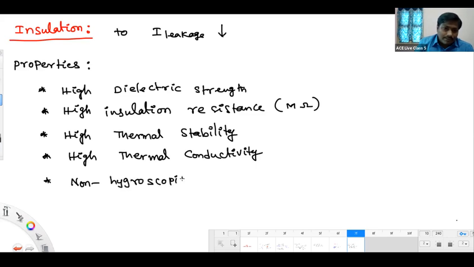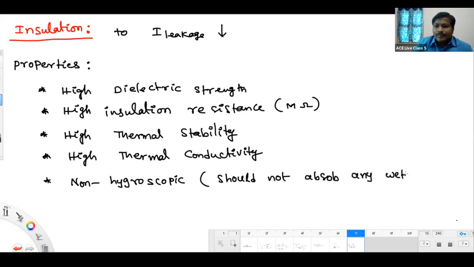Okay. Next, it should not participate in any electrical or chemical reactions.